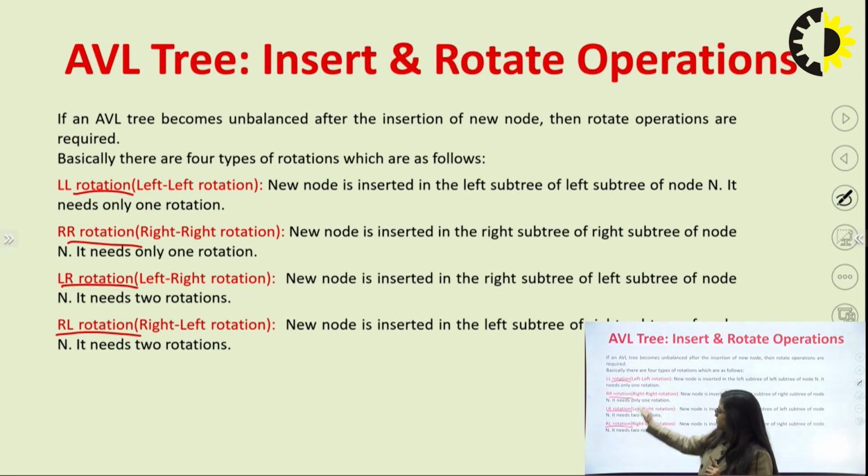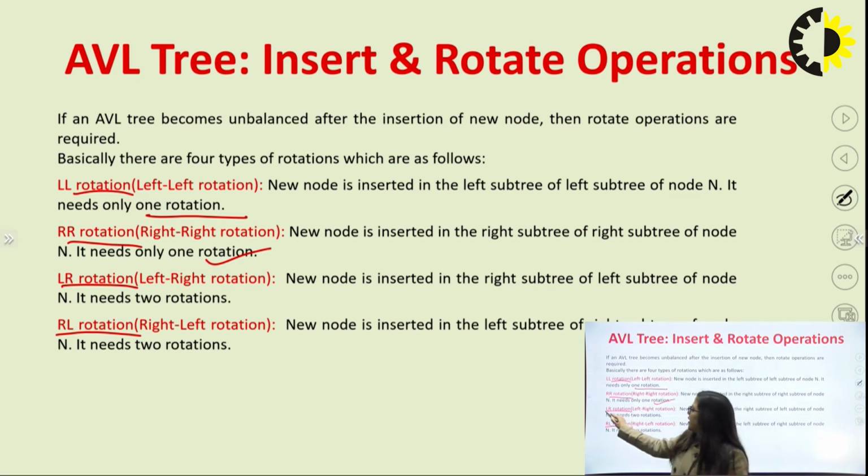LL needs only one rotation, RR also needs only one rotation, but LR or RL need two rotations. If LR, then move to LL, then LR. Similarly for RL, first RR, then RL. So here you need two rotations.